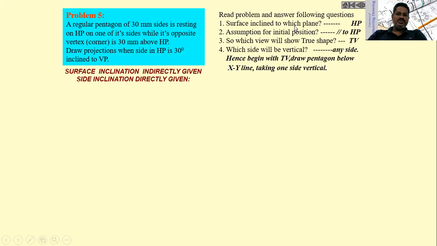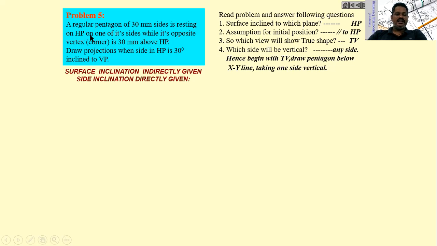The surface is inclined to the horizontal plane, obvious, that is given in the problem. Then the assumption for the initial position is that it is parallel to HP, because the side in HP is at 30 degrees. Similarly, the other condition is that we will get the true shape in the top view, because the pentagon is making some angle with HP.